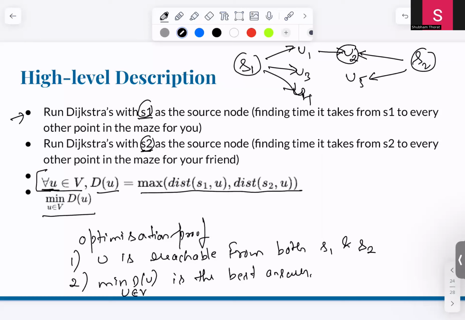And in the second Dijkstra's, you run it from S2. So now you know how much time it takes for your friend to reach U2. And then you simply use this formula to get the ultimate time for both of you to reach this particular node. So you only run it once on both the vertices, because we know the starting point. That's why we don't have to run it on every vertex. Is that clear?